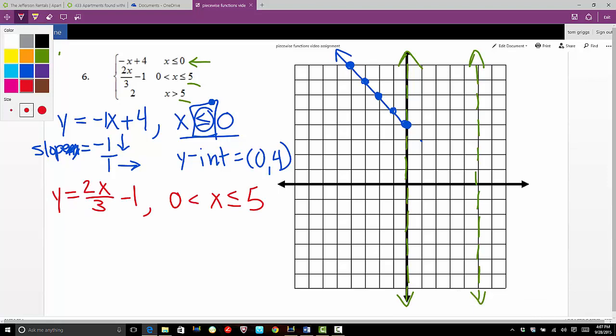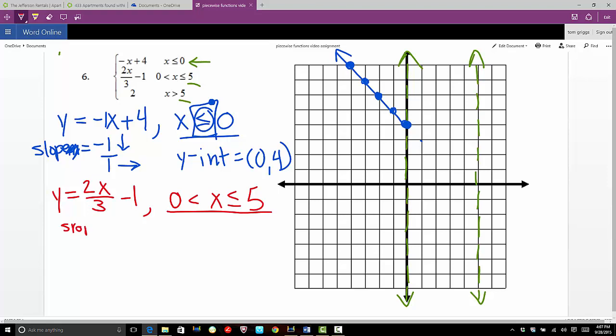Okay, so we're going to sketch the next line, y equals 2x over 3 minus 1, and we only want the piece of the line in between 0 and 5. So we know the slope of this line is a positive 2 over 3, and the y-intercept is the point (0, negative 1).